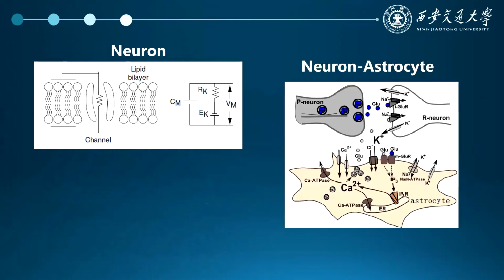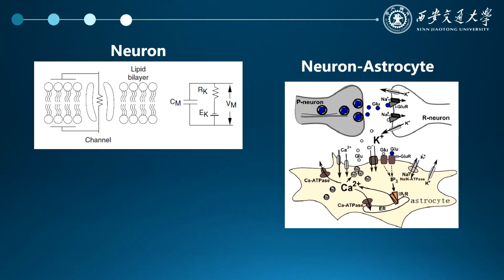However, the number of glial cells is 10 or even dozens of times the number of neurons. Many physiological experimental results have verified that astrocytes play an essential role in communicating and regulating neurons, so it's vital to study astrocytes.